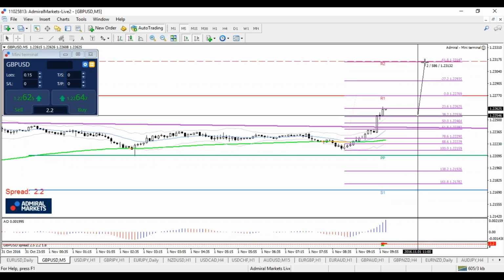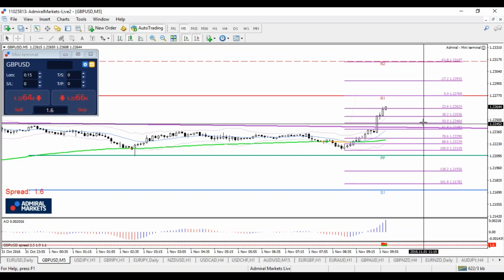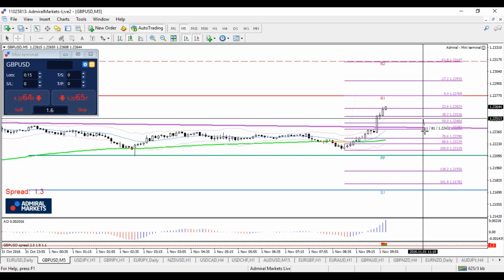That's about 60 pips versus 40 risk. The stop loss could also go below 122.50, 122.30, maybe 122.20, that would be a bit less. A bit riskier stop loss, but it could be possible.